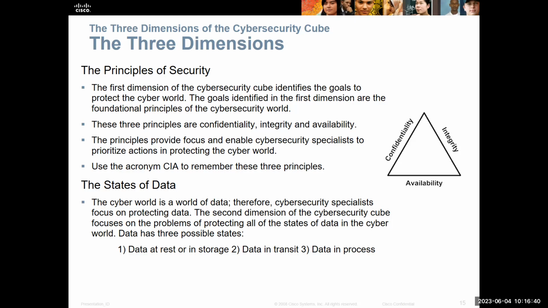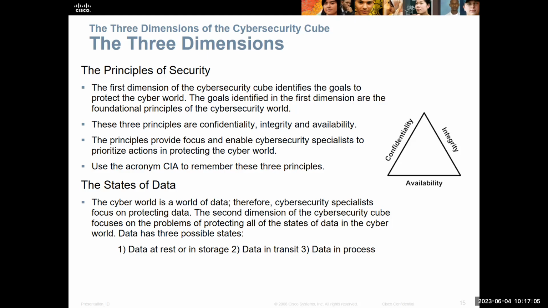Now, when we are dealing with information technology assets and infrastructures, there is a stage in which data is being created. There is a stage in which data is being processed, or processing is being carried out on data.